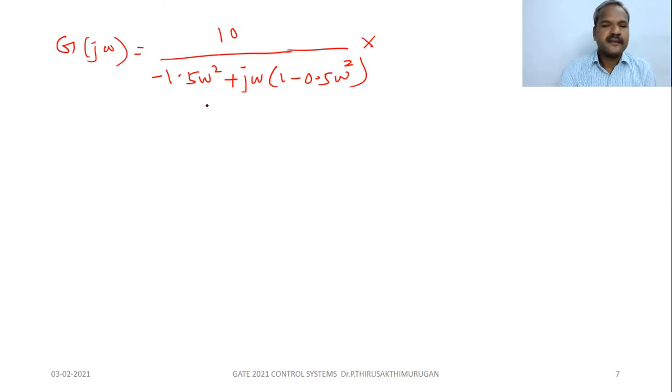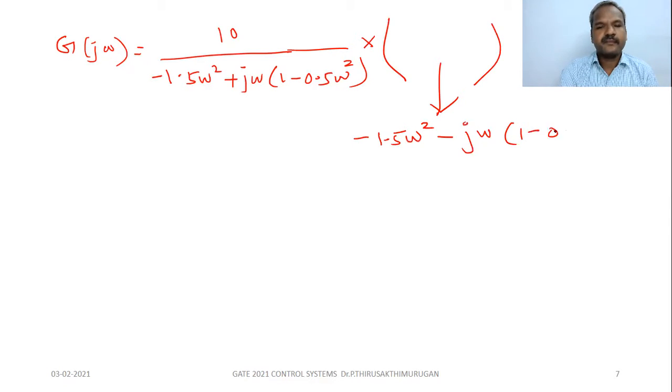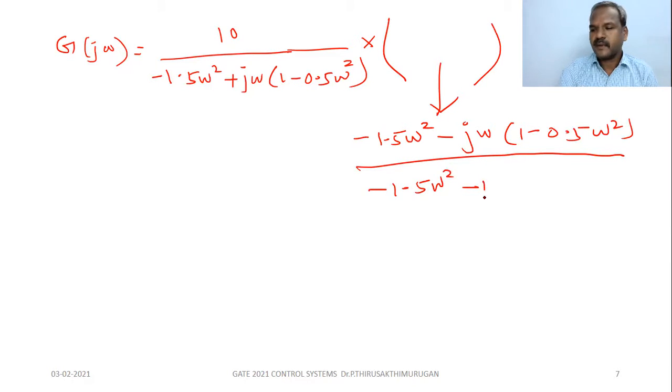Multiplying and dividing by this complex conjugate: minus 1.5 omega square minus j omega into 1 minus 0.5 omega square, divided by the same.